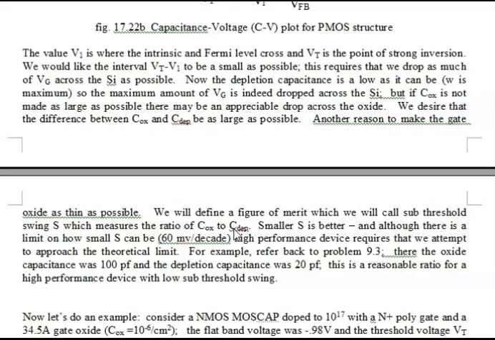C-dep is the depletion capacitance, Cox being the oxide capacitance. And we'll find that the smaller S, the better, and S is measured in millivolts per decade, and 60 millivolts is the theoretical limit. Okay.